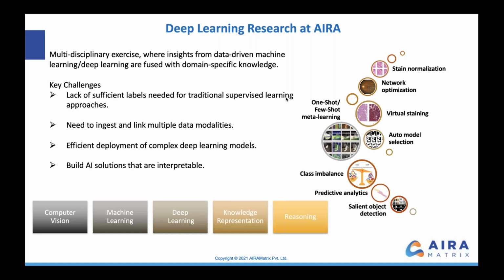We are creating an AI-driven virtual staining system that can produce virtual immunostains from existing H&E whole slide images. We are developing few-shot, zero-shot, class imbalance learning systems that learn from minimal labels to predict behavior.